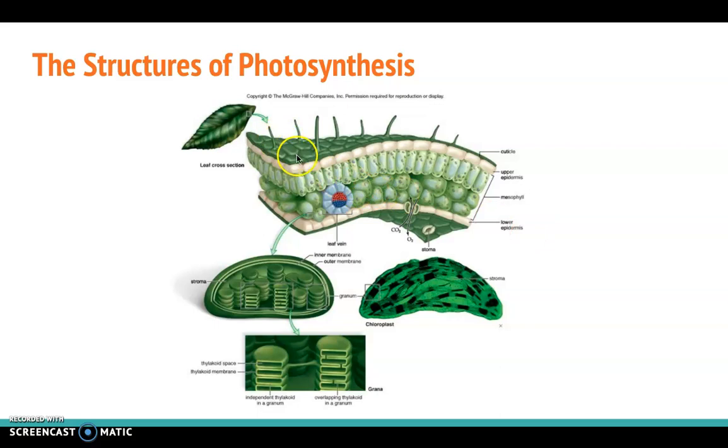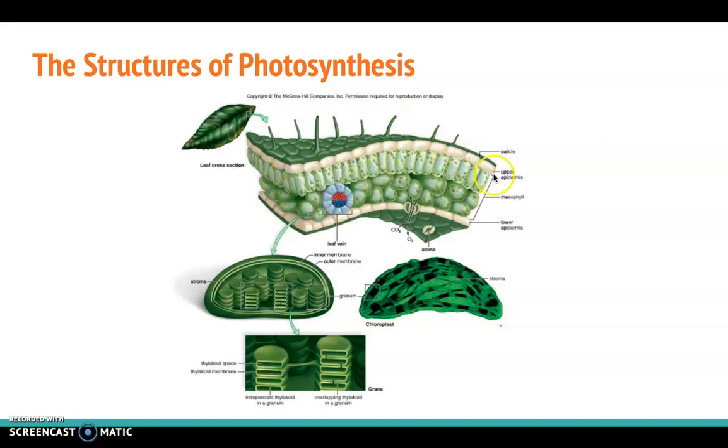So we have the top of our leaf up here, or actually the leaf as a whole to start, and the leaf as a whole is going to absorb the solar energy. At the top of our leaf, we have a protective layer that's called the cuticle, and the cuticle's role is to protect the leaf from losing too much water and to protect it from any damage. We next have the upper epidermis.